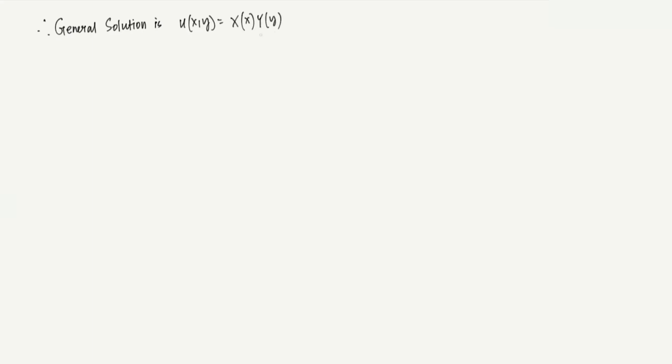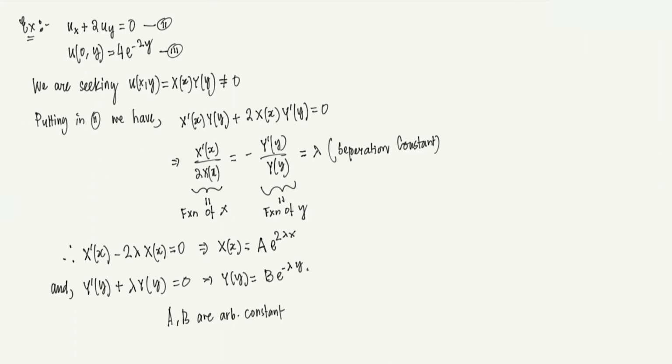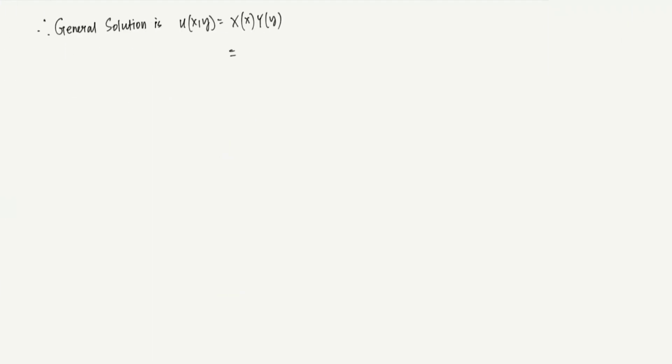X of x is a e power 2 lambda x and Y of y is b e power minus lambda y. Put together, it is a constant ab. Let's call that constant c. These are arbitrary constants, absolutely no issue. So c times exponential 2 lambda x minus lambda y. I'm just putting everything together.